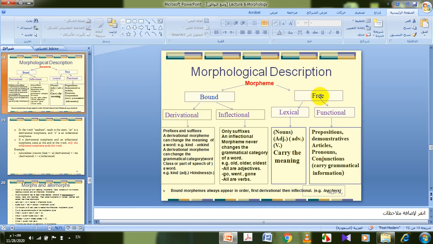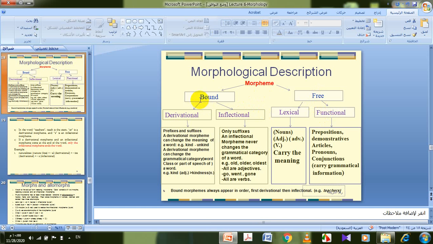So free. The can stand alone. Yes, the is an article. It can stand alone, but it doesn't convey meaning, and that's why it is functional. Okay, car can stand alone, but it carries meaning. So we have lexical and functional, subdivided under free morphemes.